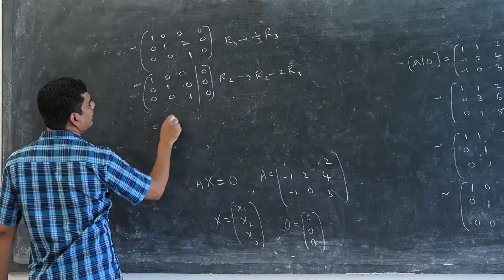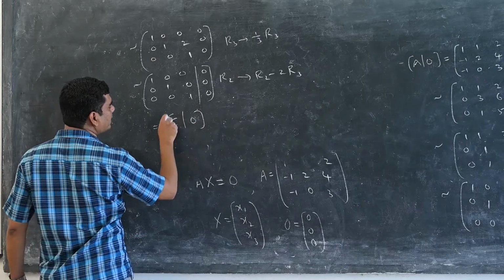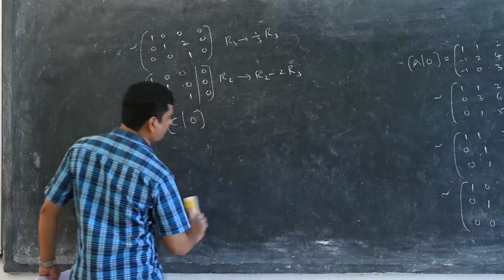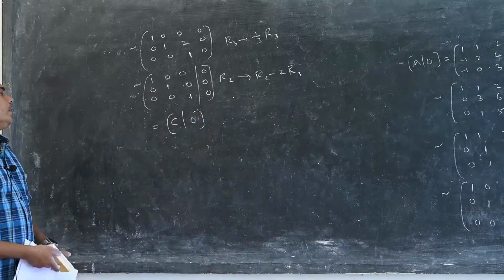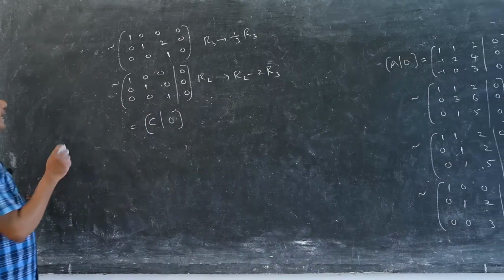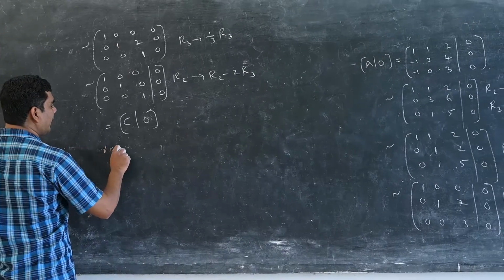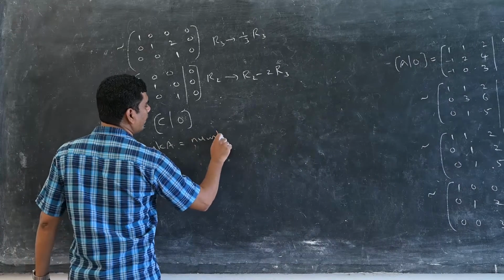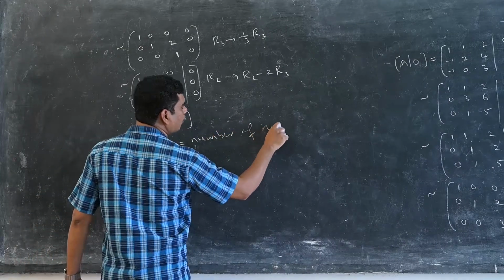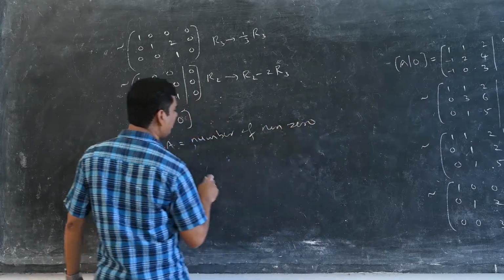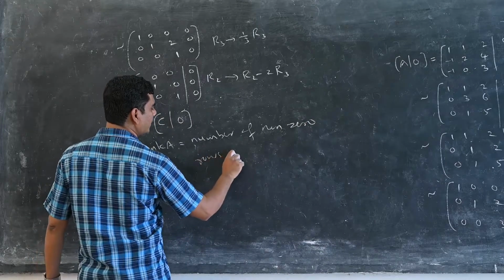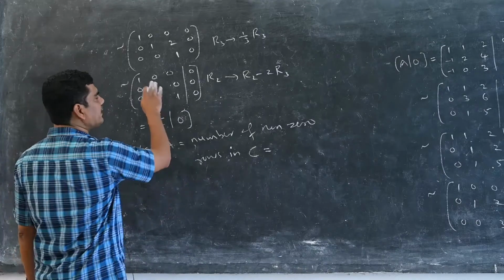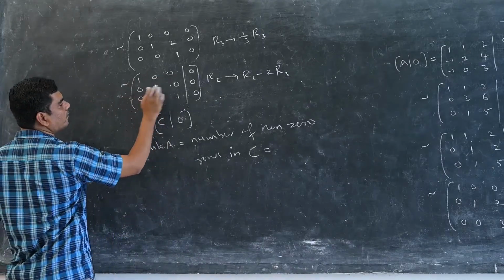So this is the row reduced echelon form of the augmented matrix A0. So rank A is equal to the number of non-zero rows in C. So this is C: 1 0 0, 0 1 0, 0 0 1.